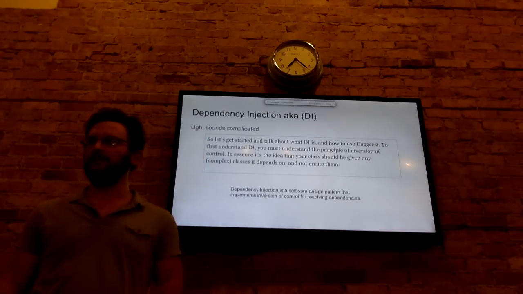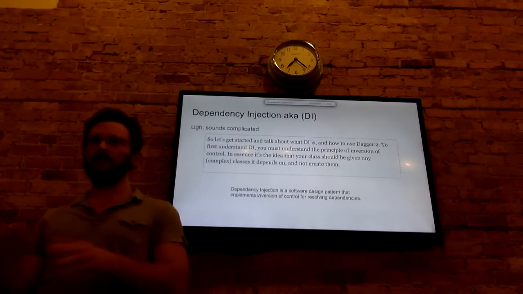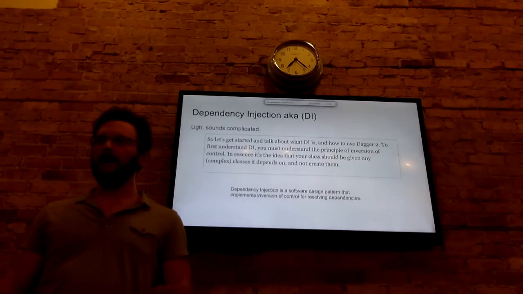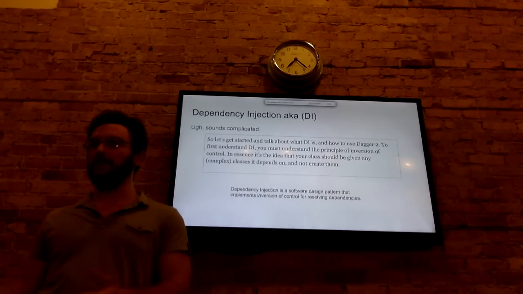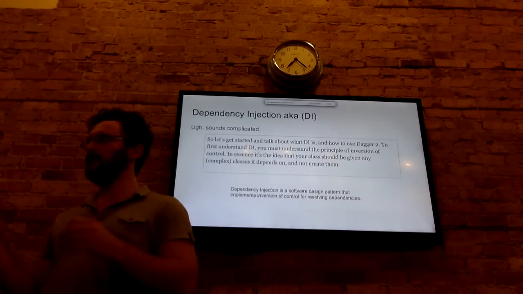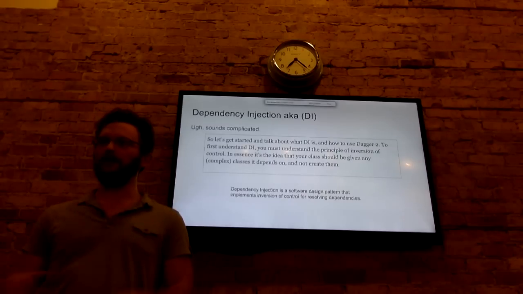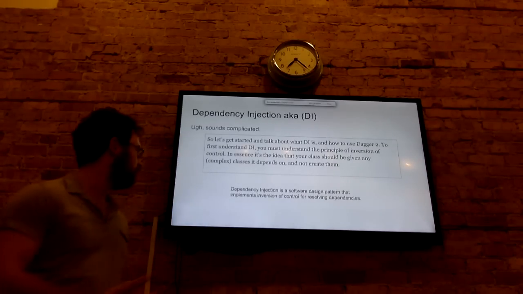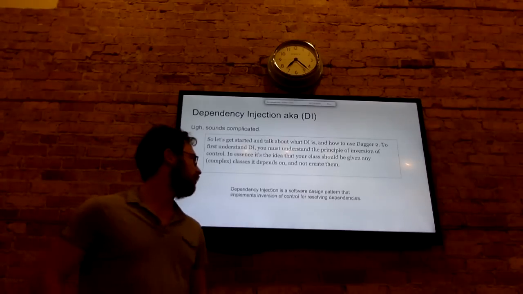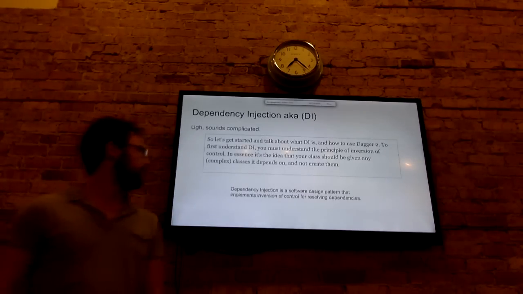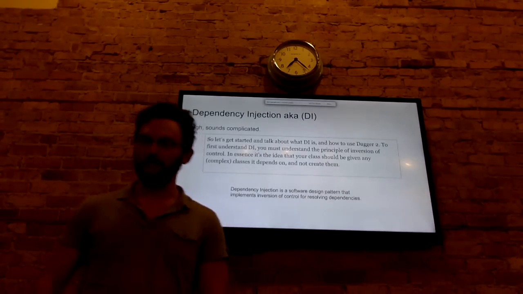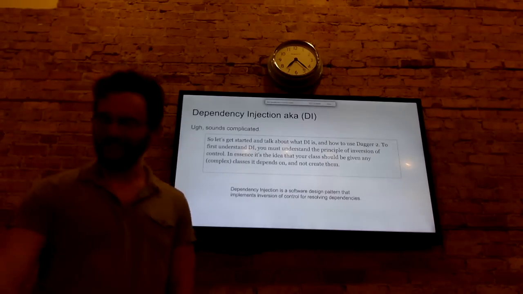Like maybe you could do this variable is a new string, but you shouldn't, for example, take an API and construct it off of things that you need inside your own class file. It should be given what it depends on, which is where dependency injection comes from. Dependency injection is a software design pattern that implements inversion of control for resolving dependencies. That's straight from the wiki, so that's not just my opinion.